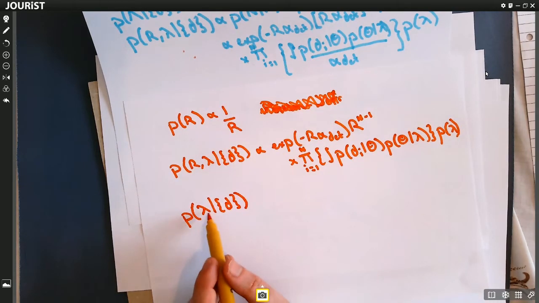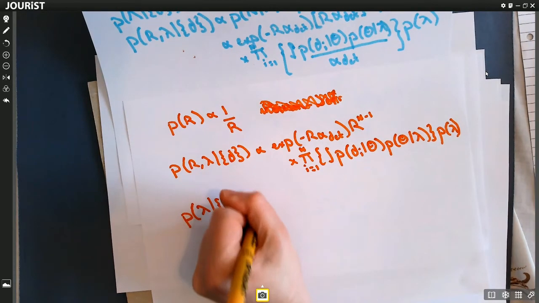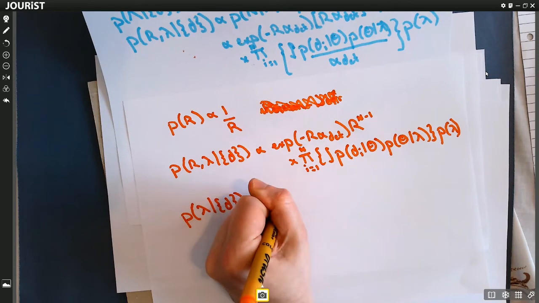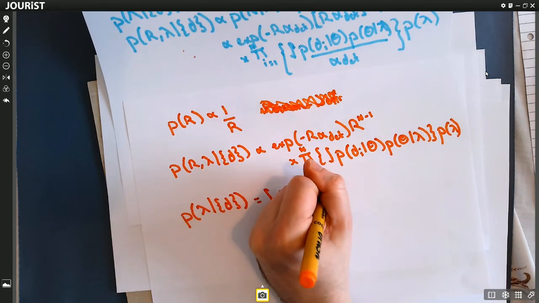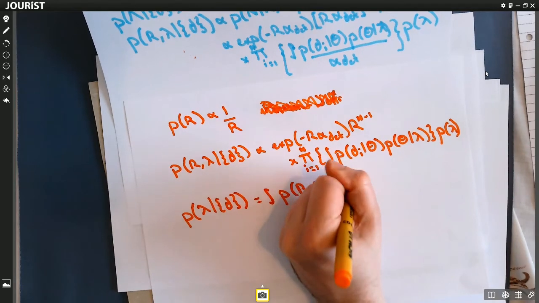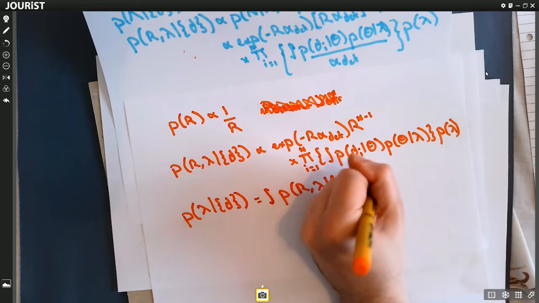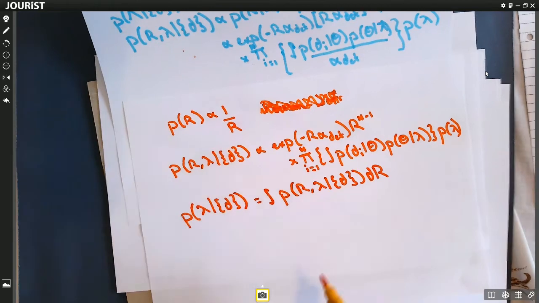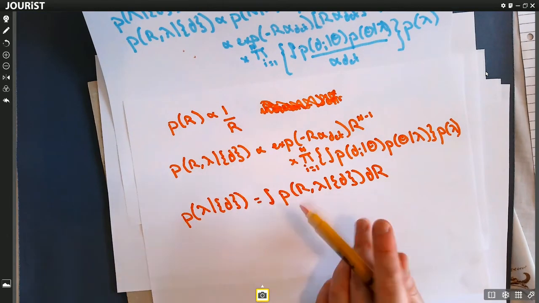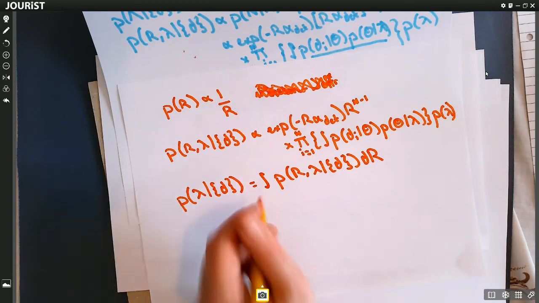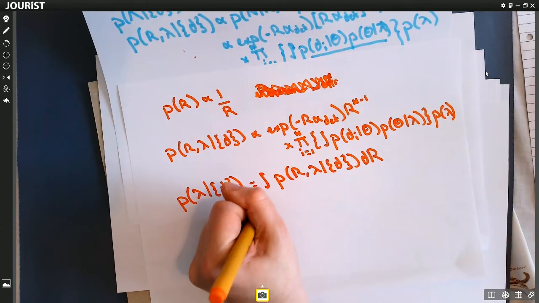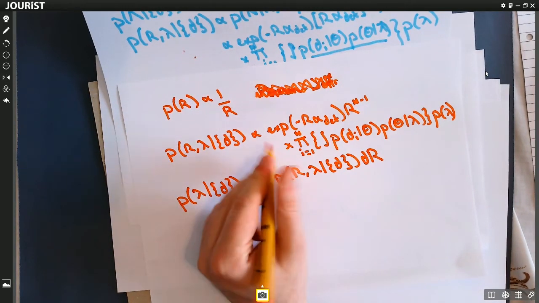The probability of just lambda, so just the posterior on lambda, we can get by integrating the posterior on the rate and the shape hyperparameters given our set of data over all values of r. This is called marginalizing out the parameters we're not too interested in. So we want to integrate the term above with respect to r.